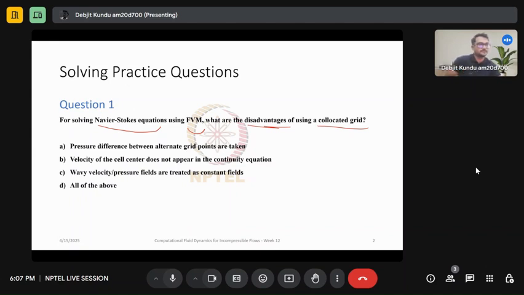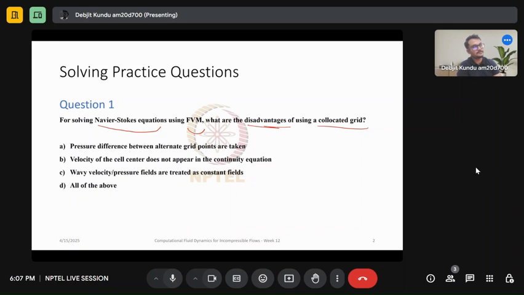The options being option A, that the pressure difference between alternate grid points are taken. Option B, the velocity of the cell center does not appear in the continuity equation.